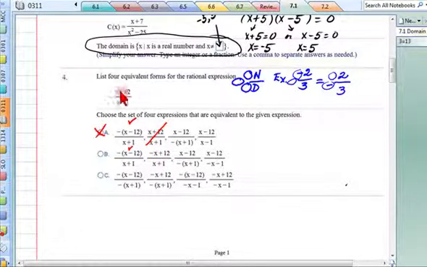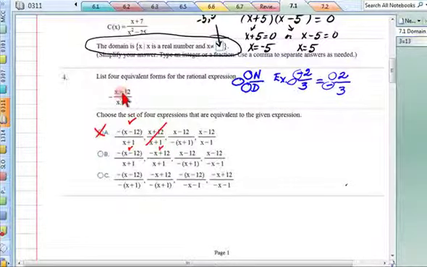Is this numerator, x minus 12, has it entirely had its sign changed? Yes, positive x went to negative x, negative 12 went to positive 12. They changed the sign on the top. Did they change the sign out in front? Yes. Did they change the sign on the bottom? No. Then they made 2 changes, numerator and whole fraction. So it's equivalent. Let's look at the next one.